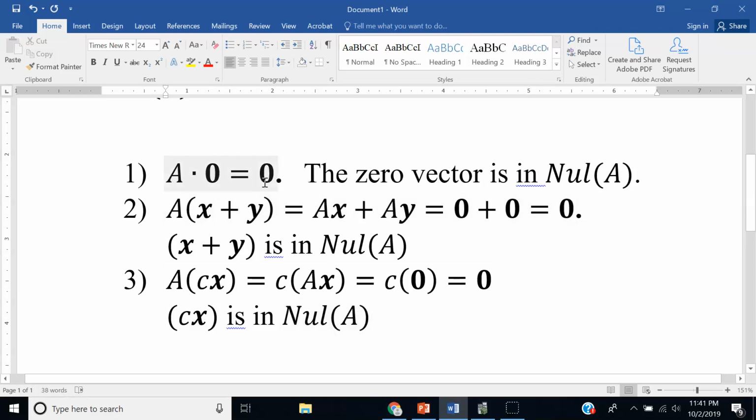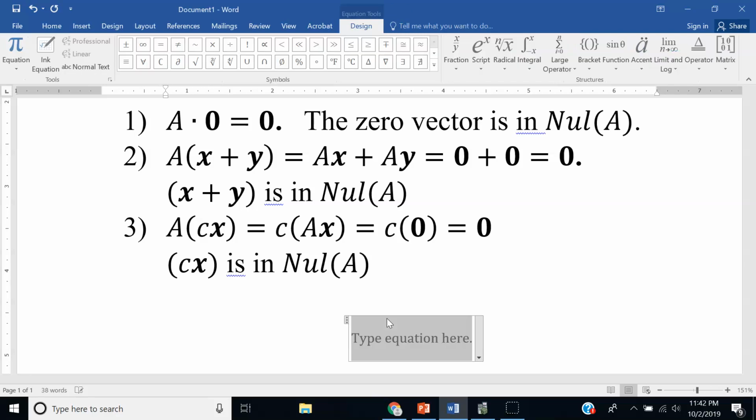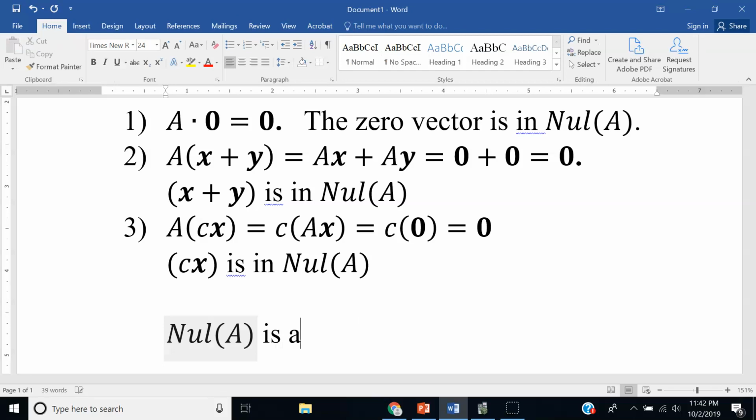So because of these three properties, that the zero vector is in the null space, the null space is closed under addition, and the null space is closed under scalar multiplication, we can come to the conclusion that any null space is a subspace of Rn, for the appropriate value of n.